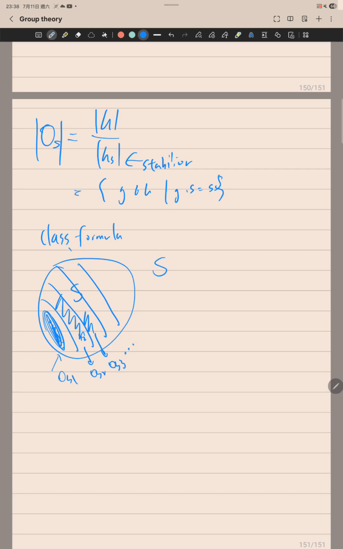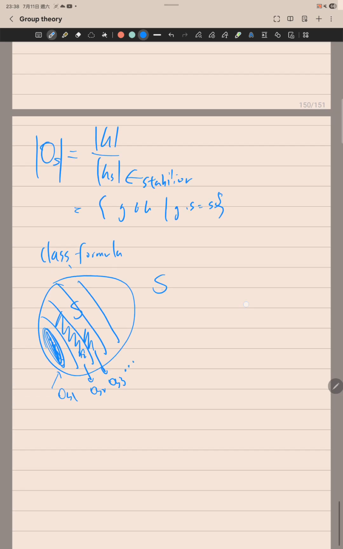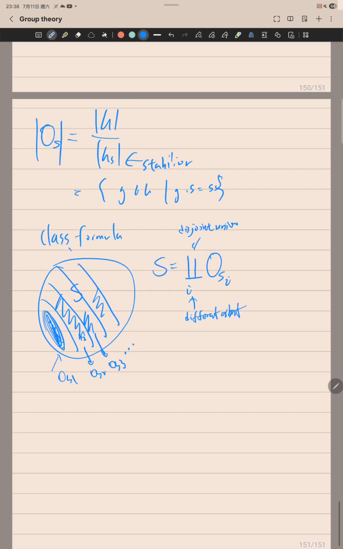So S can be written as a disjoint union of different orbits. Disjoint union means that these sets have no overlap. Hopefully this is easy to see.